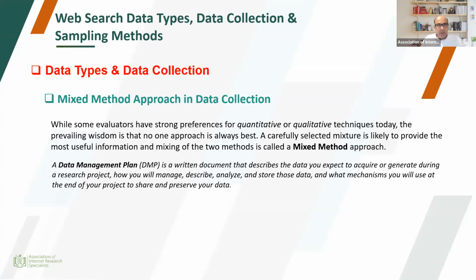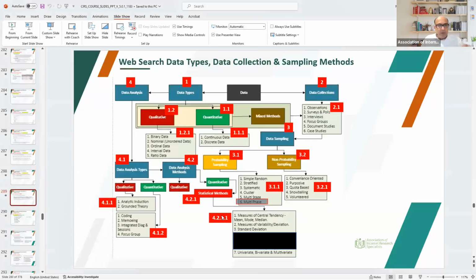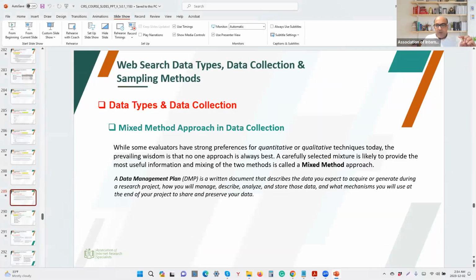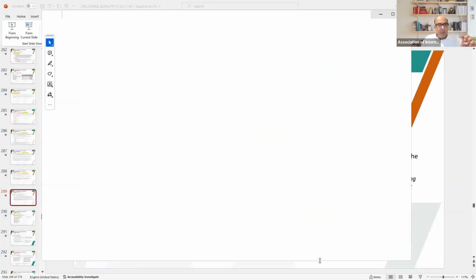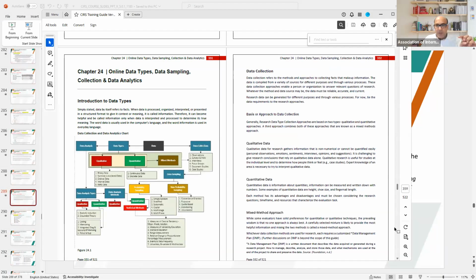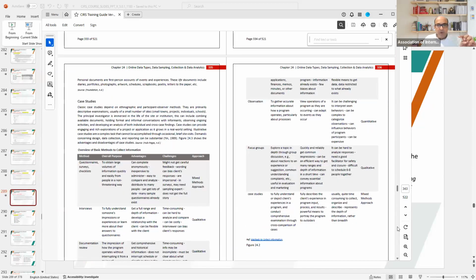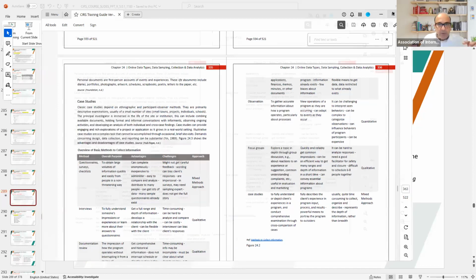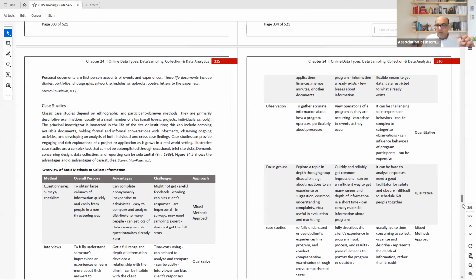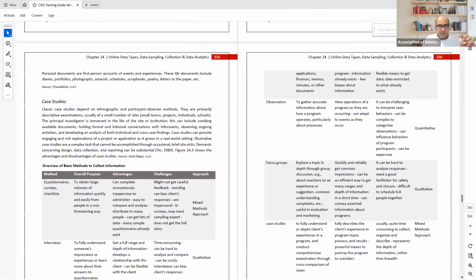There is something provided in the book, which tells you, based on the nature of questions, they could be mixed method or qualitative or quantitative. And this is where I see it in the book on page 335. It is a good chart to use as a reference.